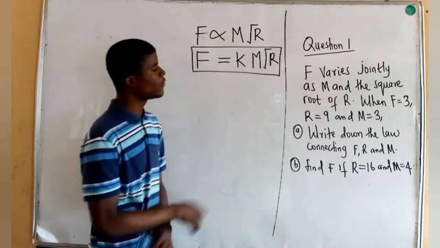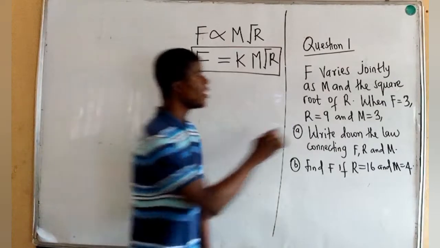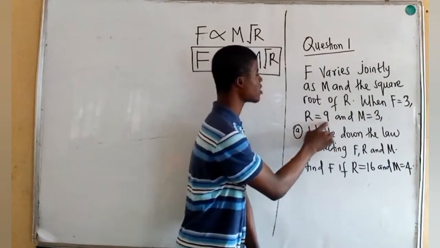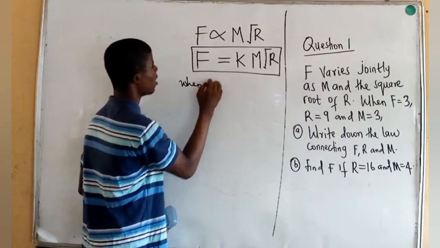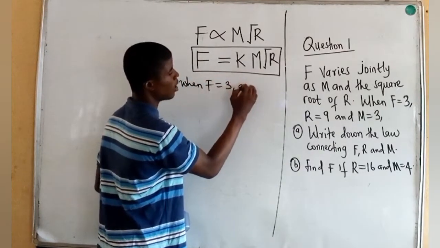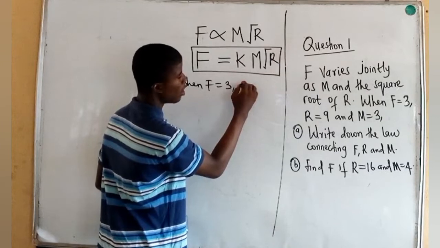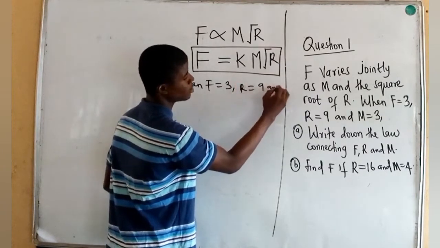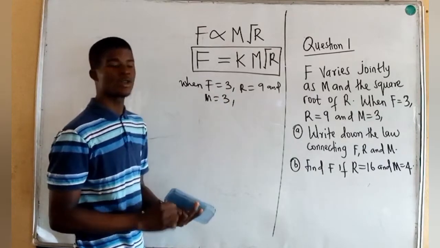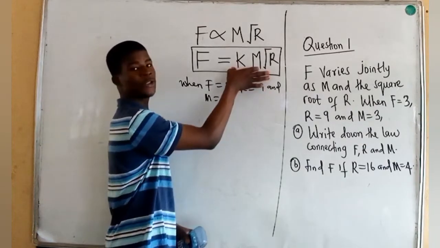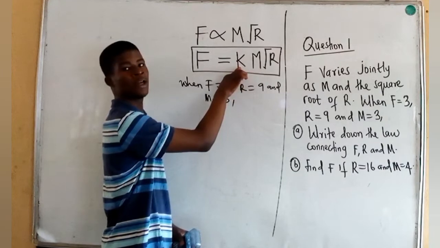We are given that f is 3 when r is 9 and m is 3. So when f is equal to 3, r is equal to 9 and m is equal to 3, I will substitute these values into this equation and I'll get the value of k.